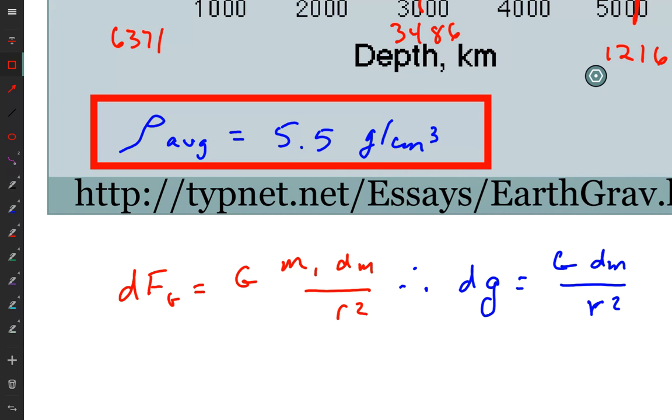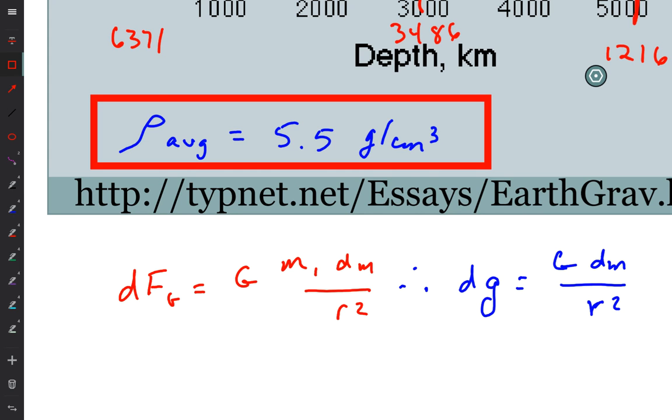What is m1? m1 is the object that the Earth would be interacting with. For instance, if you were going down through the Earth, m1 would be your mass. And then dm is a little tiny piece of mass at some position x, y, z in the Earth, and you have to add up all of those little pieces of mass.